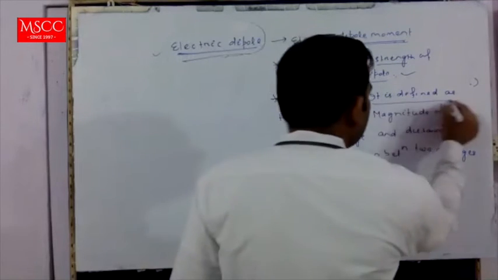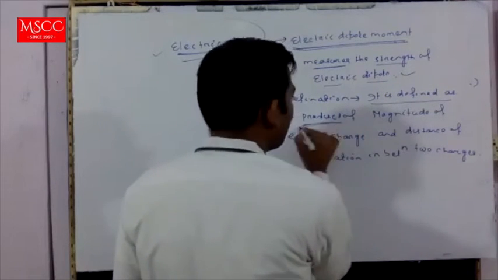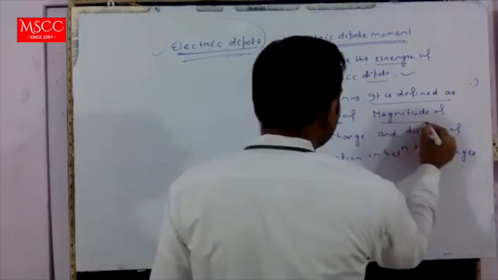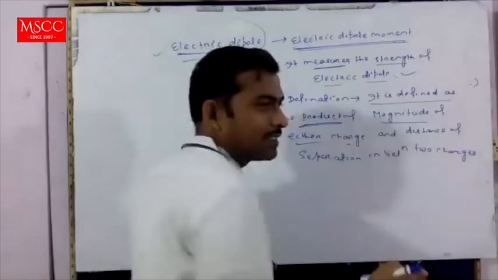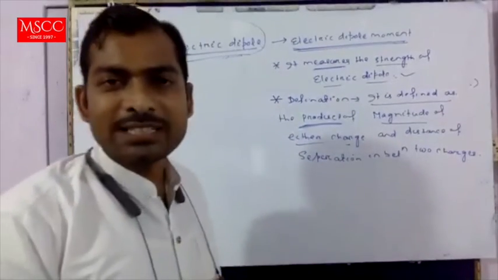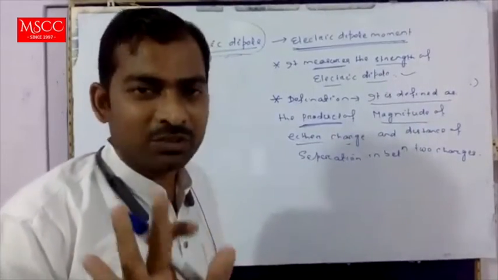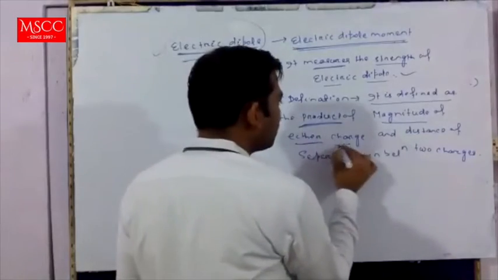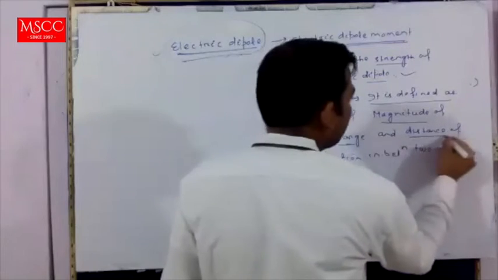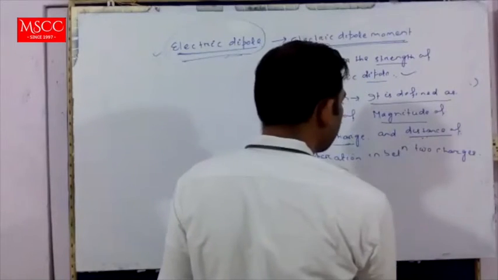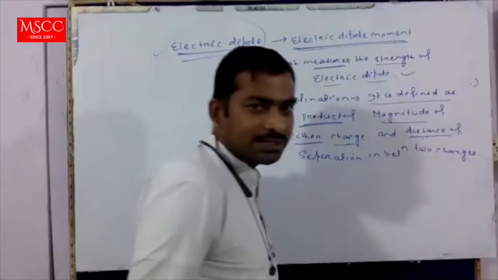Since both charges are the same, one is plus q, another is minus q, therefore only one charge should be taken, and the product with the distance of separation in between two charges.